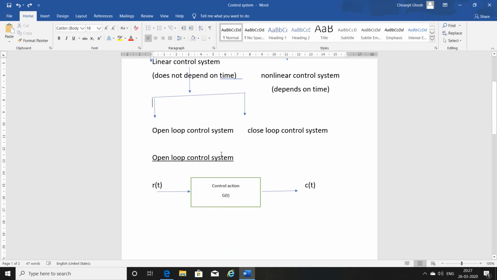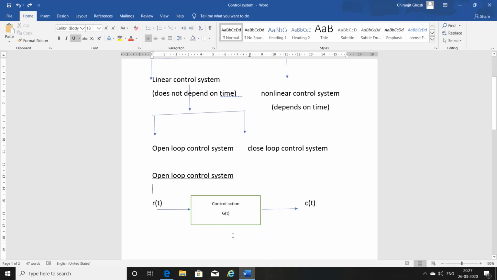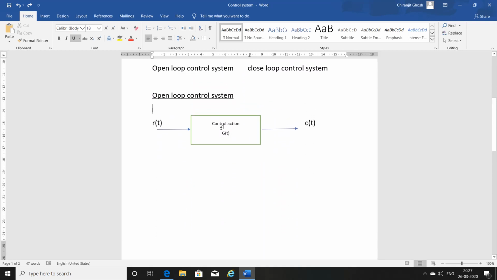The linear control system has two types: the open loop control system and the closed loop control system. So what is an open loop control system and what is a closed loop control system? At first we will show the block diagram of the open loop control system.